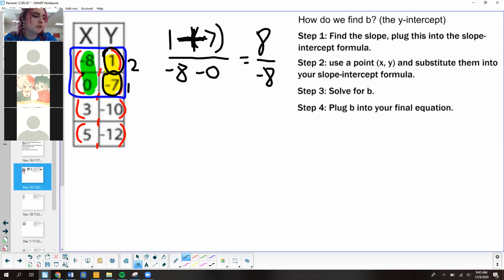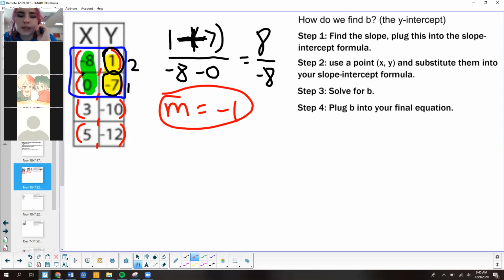I need some participation from you guys. Thank you, Maya. So our slope, or m, is going to be 8 divided by negative 8, which just gives us negative 1. So our slope is going to be negative 1.